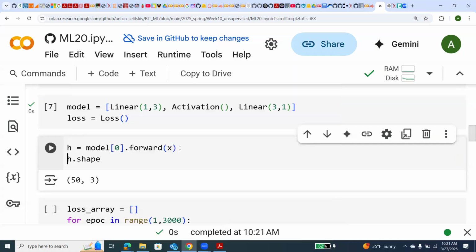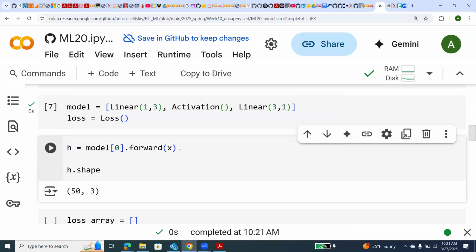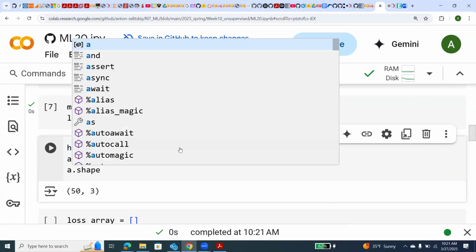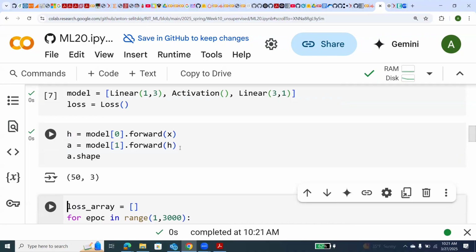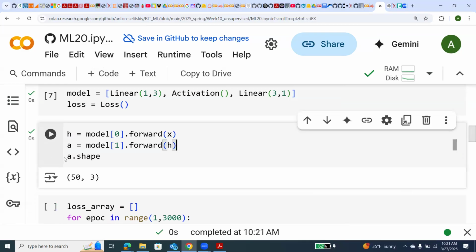Then I apply, for example, next activation. The dimension of activation will be exactly the same as the dimension of page. And then to the output from activation, I will apply the next linear layer, which is output.